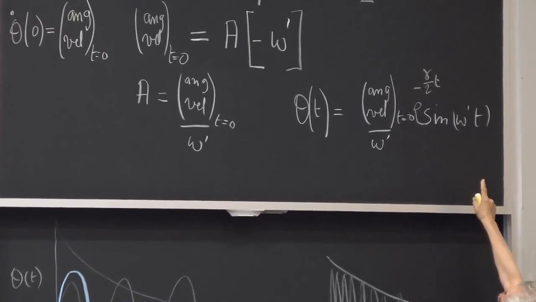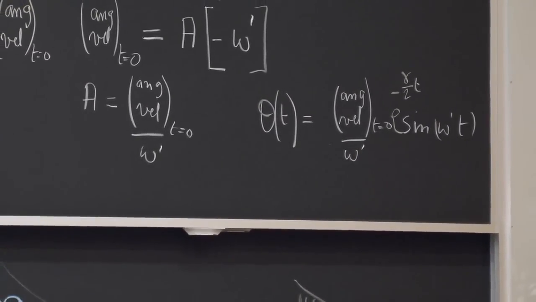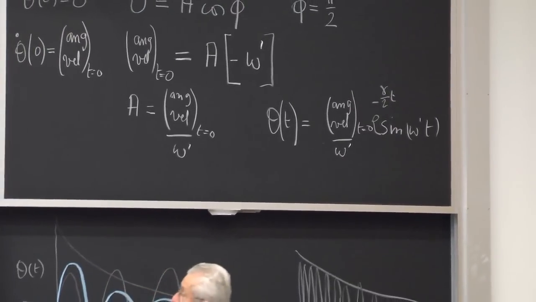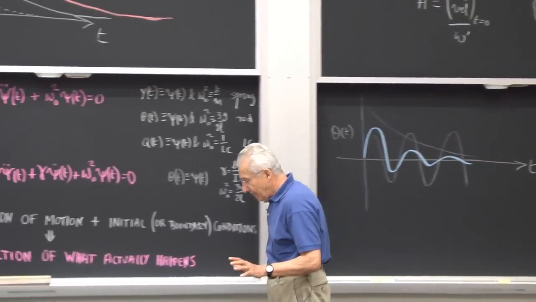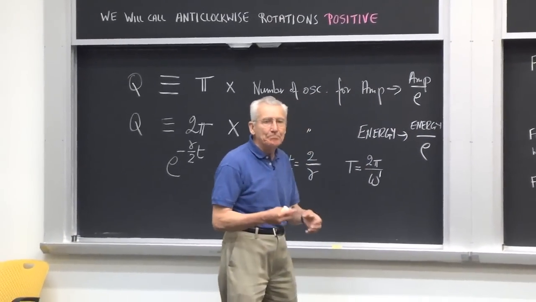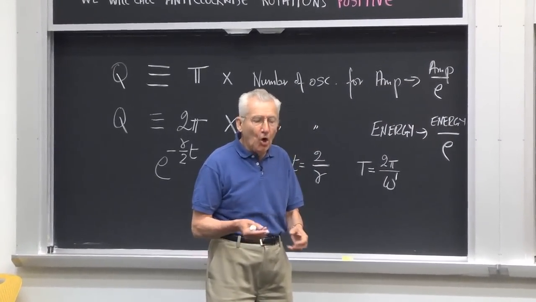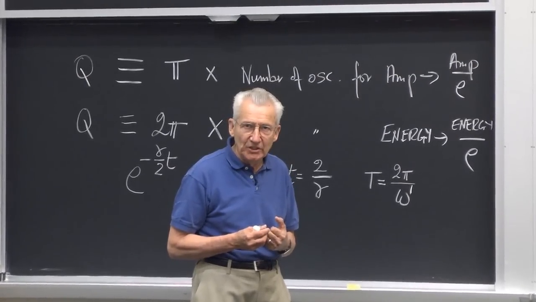It was not omega 0 like the undamped one, and omega prime I defined for you earlier. But you know that if the damping is weak, omega prime is essentially equal to omega 0.